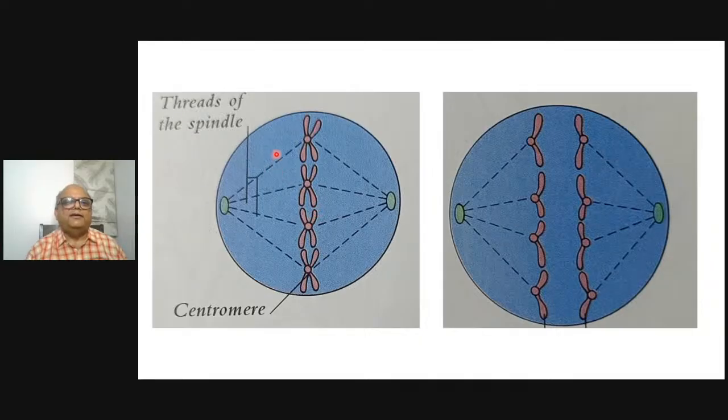And after that, the tension comes, something like what I was talking about some time back. These are like elastic ropes. They maintain tension and they exert more tension, so it splits in the middle, like here. And one half of the chromosome goes in one daughter cell, the other half goes in another daughter cell. That's how cell division takes place.